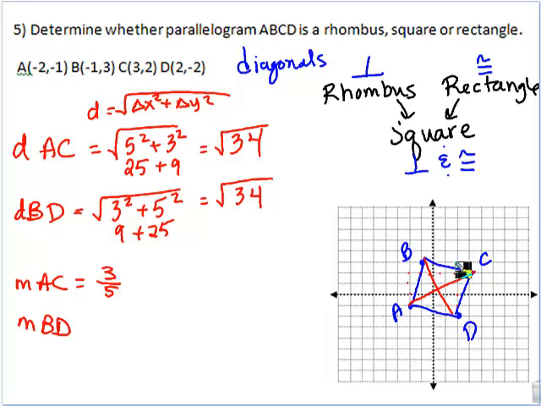And we go over to the left, 1, 2, 3. So 5 over -3. So are those perpendicular slopes? Yes. Yeah, these are perpendicular slopes. So it's a square. So we have a square.